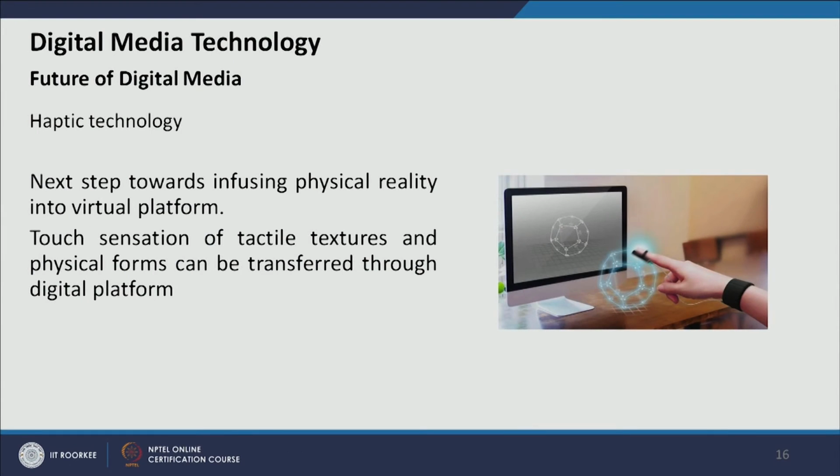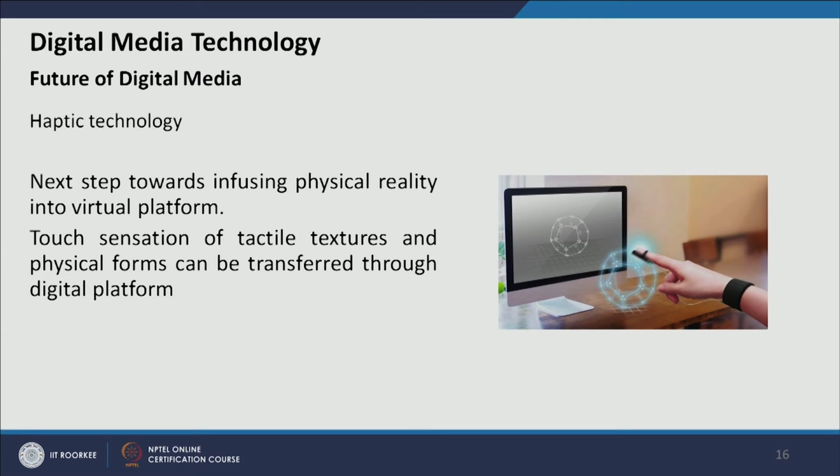So the next level, if we think about the future, there is a lot of research on haptics, because we are talking about visual and we are talking about sound. These are already there, and the designers and developers have progressed a lot in blending the physical reality with the virtual in terms of sound and visual. But the haptic, which means the touch sensation, is a little far-fetched.